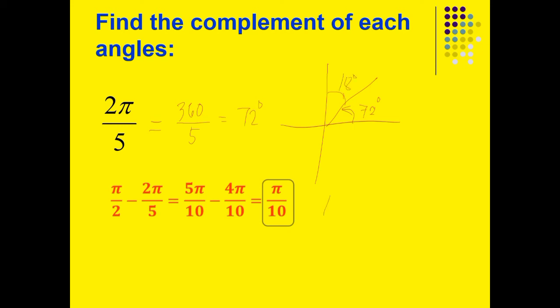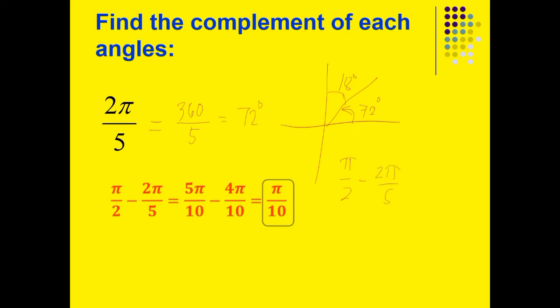Okay, so now, since the given is in radian form, we now understand that the value of 2 pi over 5 is between 0 and pi over 2. Therefore, we have pi over 2 subtracted by 2 pi over 5 to identify the complement value.